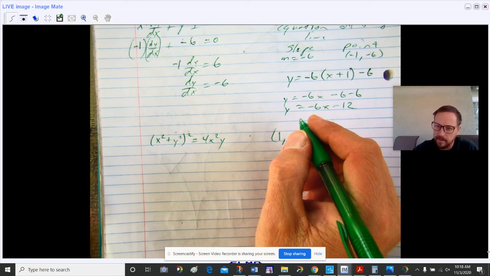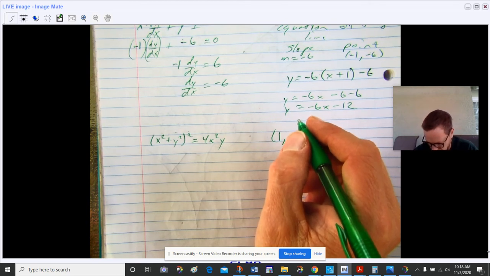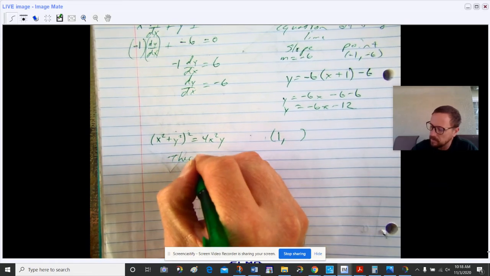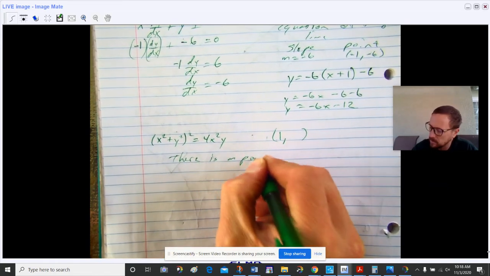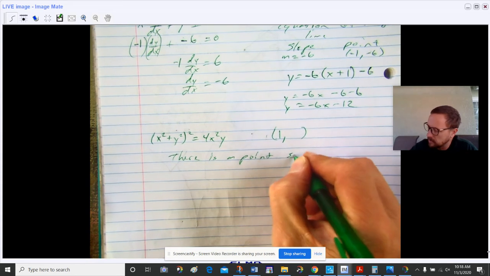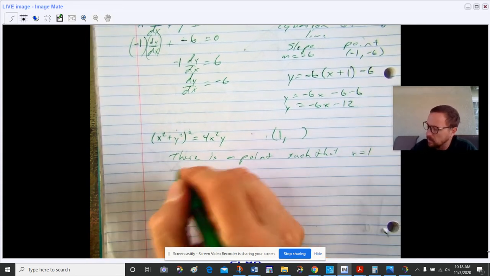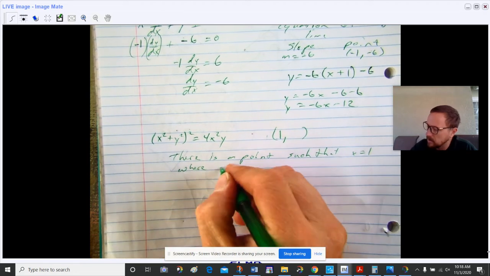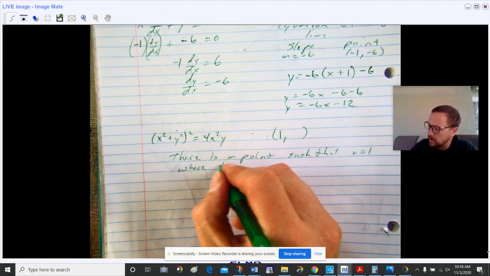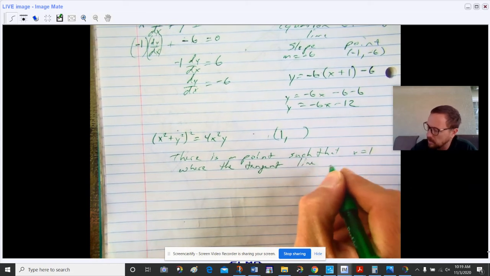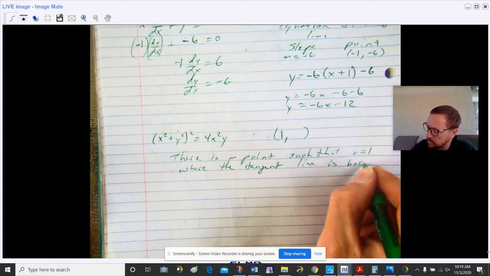All right, how about this? I'm going to let you know that there is a point such that x equals 1 where the tangent line is horizontal.